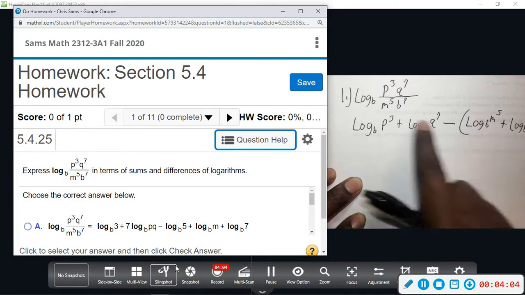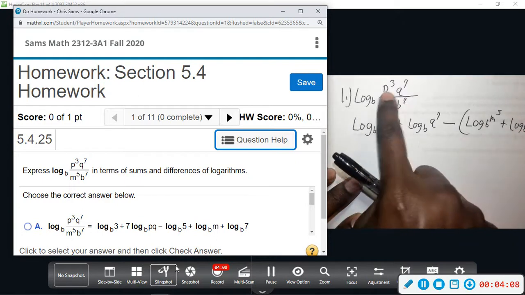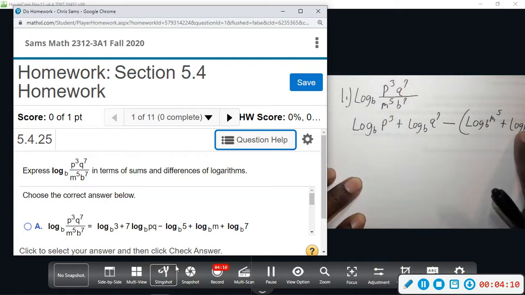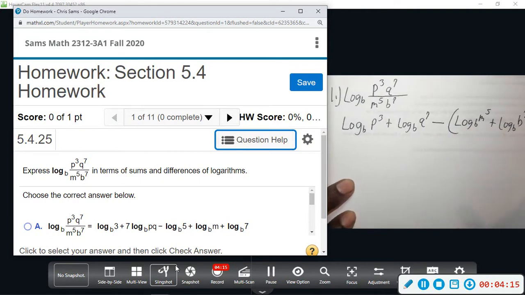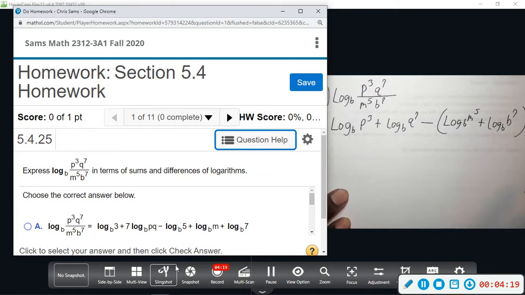You could have put just minus this and minus that since they're both on the bottom, but for that multiplication property, I want you to see that it's still addition, but that negative is going to get distributed throughout that second set of parentheses.